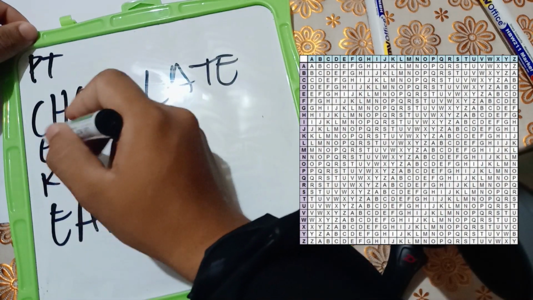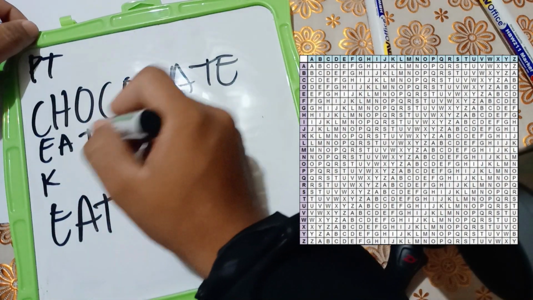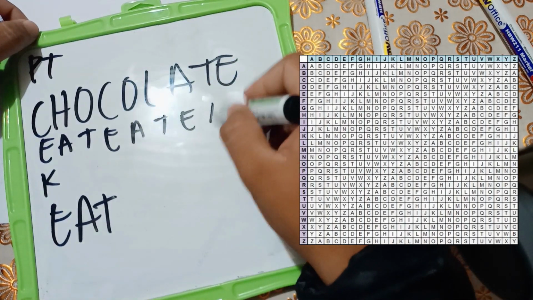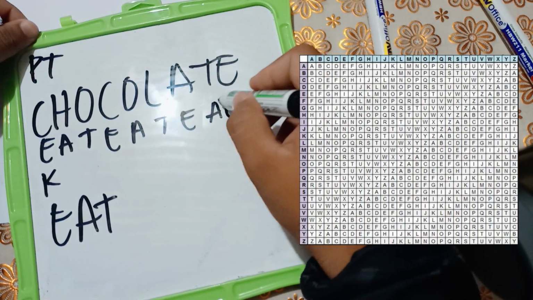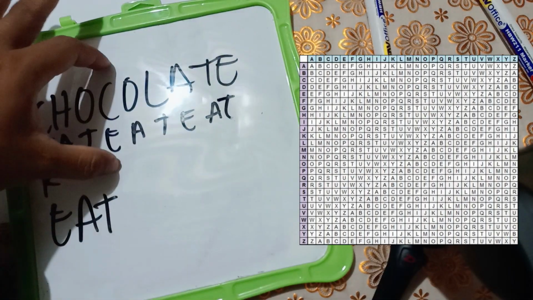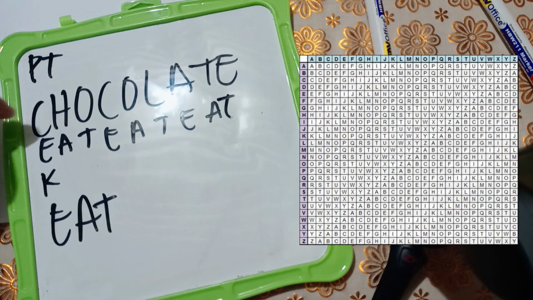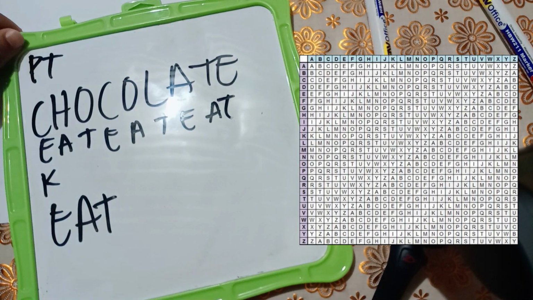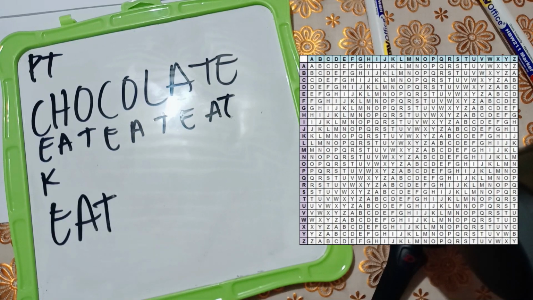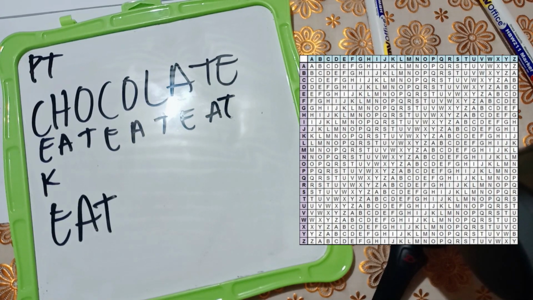So we have the keyword AT, and just repeat it: A T A T. Just plot the keyword to the plain text. So now we have that. Let's take a look at the polyalphabetic table.